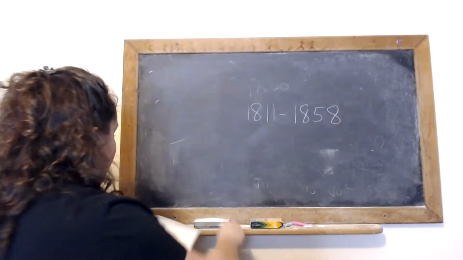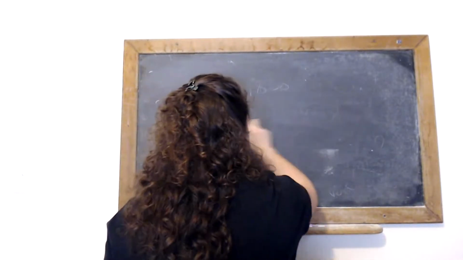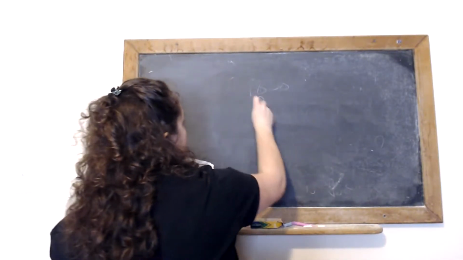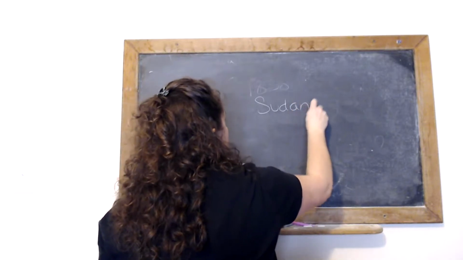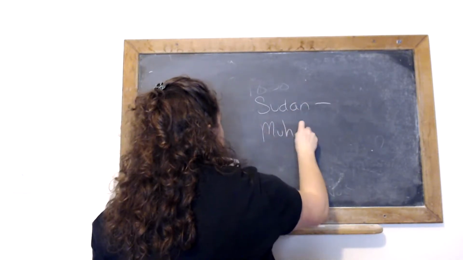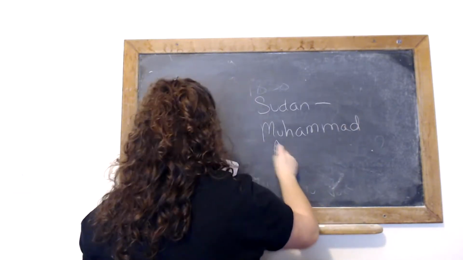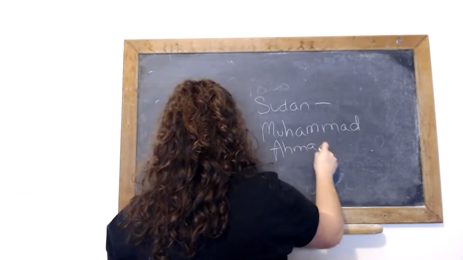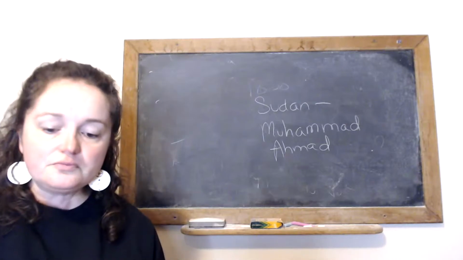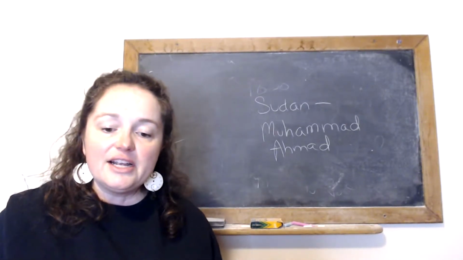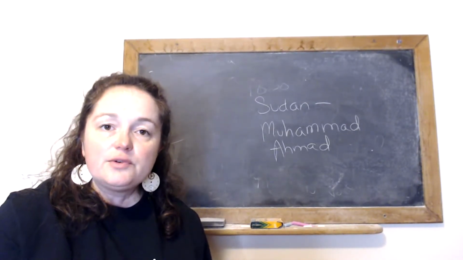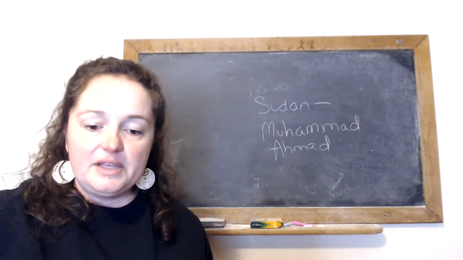Then we have the wars in Sudan. This is led by Muhammad Ahmad. Here's how you spell that. Okay. He is an Islamic cleric who wants to basically restore the glory of Islam in the Sudan.